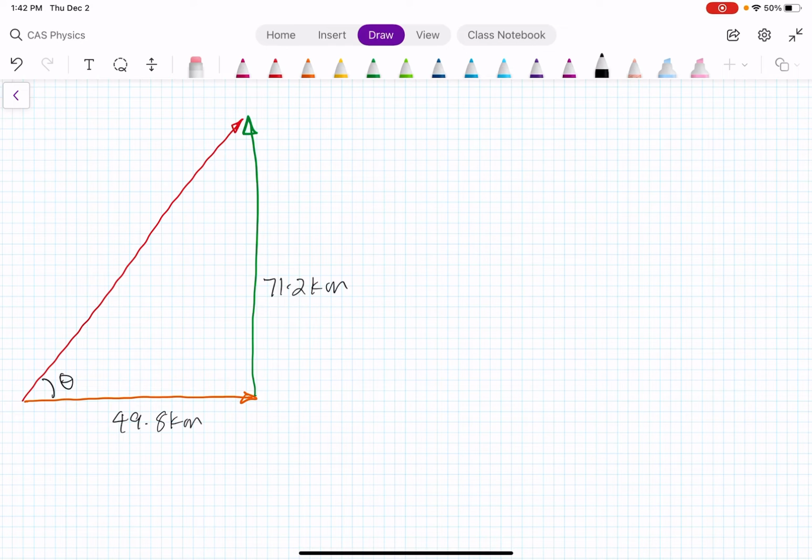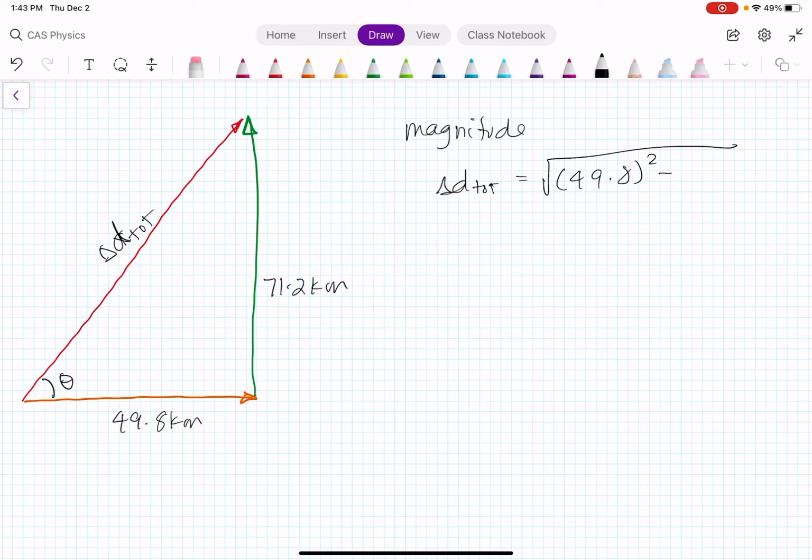And this is theta. So in order to describe this vector, I need to have both the magnitude and the direction. So the magnitude, basically how big it is, I can find using Pythagoras. So delta D total is equal to the square root of, I'm getting a little sloppy here, 49.8 squared plus 71.2 squared.